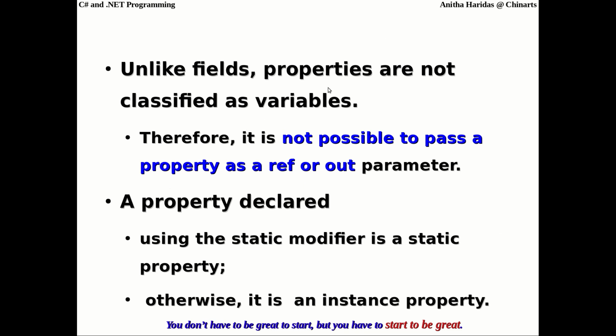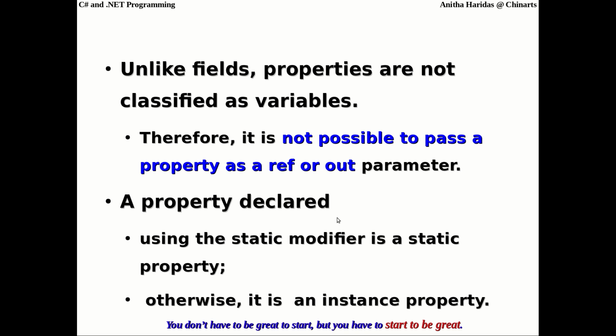You cannot call a property a variable. Therefore, it is not possible to pass a property as a reference or output parameter. I repeat, unlike fields, properties are not classified as variables. Therefore, it is not possible to pass a property as a reference parameter or as an output parameter.